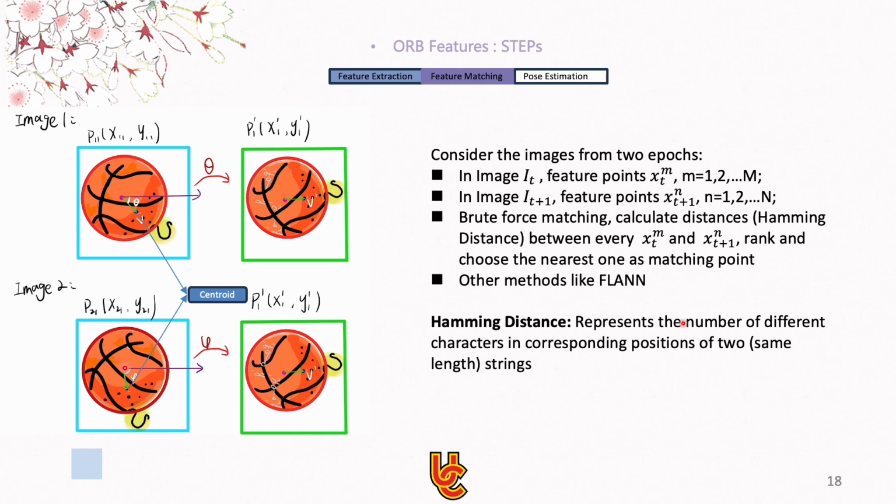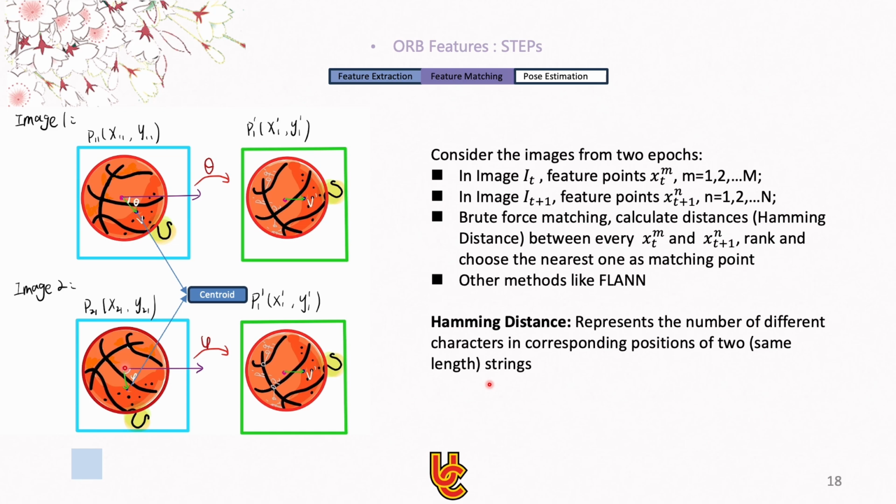So what is the Hamming distance? The Hamming distance represents the number of different characters in the corresponding positions of two strings. For every image feature we have an ORB BRIEF descriptor composed of 1s and 0s, and we can compare the two strings and find how many characters are different, and then find the one with the smallest number of differences.